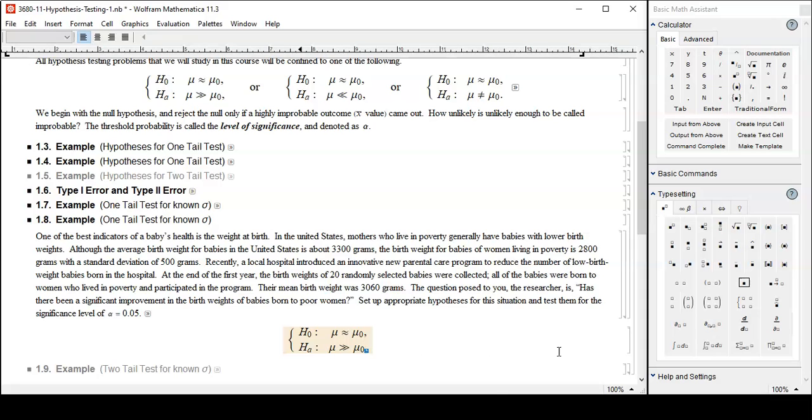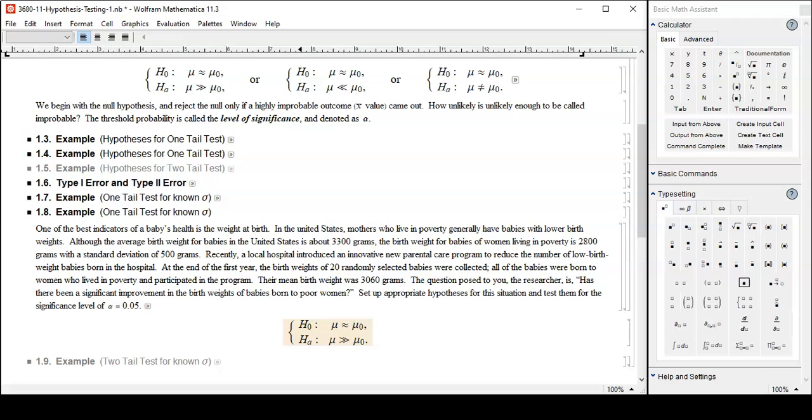Now, what is the mu0 value, the null? 3,300, 2,800, or 3,060? We're talking about babies being born from women living in poverty here, and this new prenatal care program is about women living in poverty. So this one does not apply because this is the average birth weight for everybody, including women from middle income or affluent families, and they will take care of themselves.